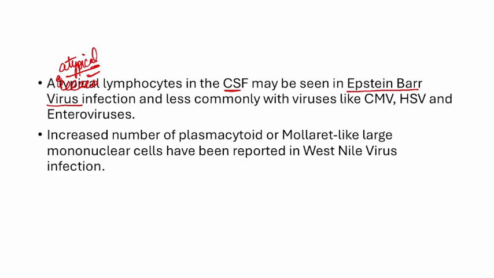The size or shape will not be normal. So atypical lymphocytes, that is a part that we must remember by heart: Epstein-Barr virus in CSF will show atypical lymphocytes in acute encephalitis.